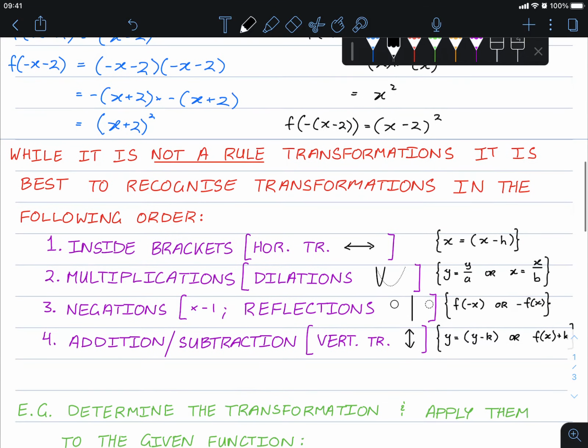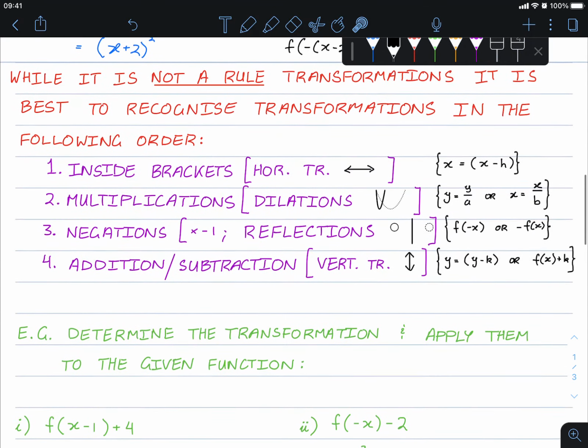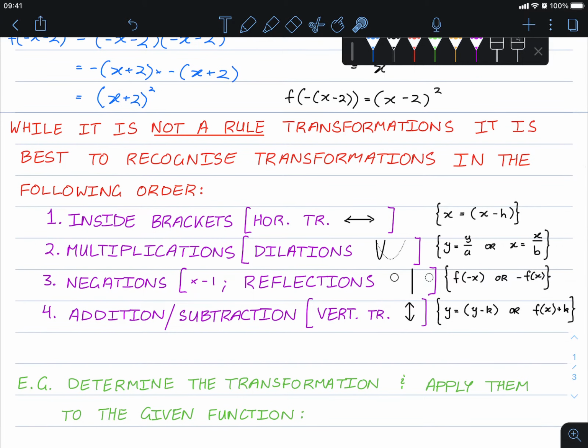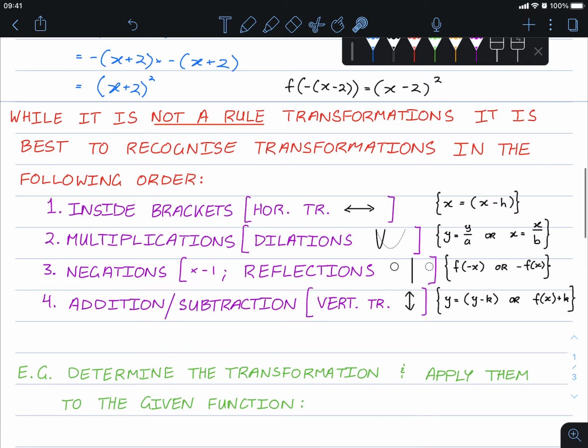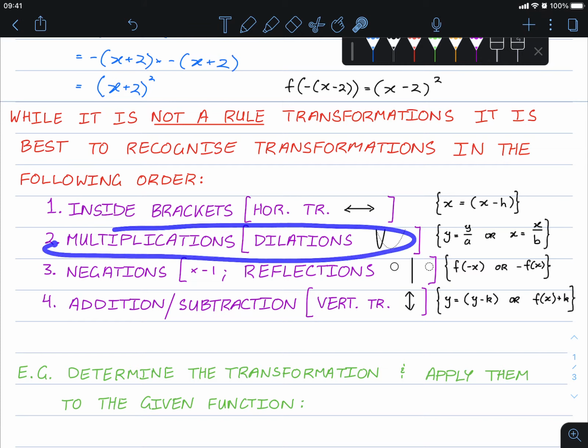As such, it's not a rule for transformation, but it's best to recognize transformations in the following order. Whatever is inside the bracket first. That's usually the horizontal translation or a reflection on the y-axis. So it's mainly this one though. The next step is multiplications.